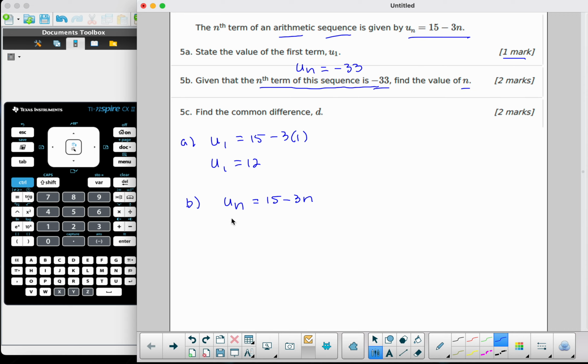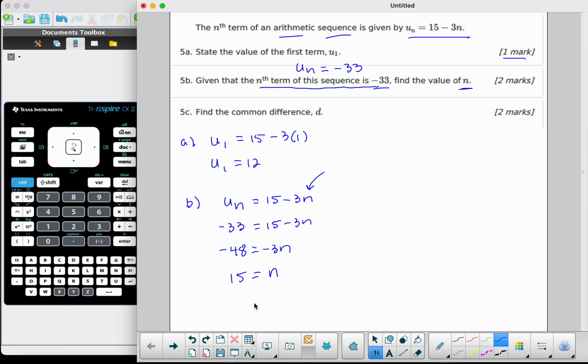So we replace u sub n with negative 33. They're finding the value of n, so we're solving for n, which tells us which term it is. Subtracting 15, we get negative 48 equals negative 3n. Divide by negative 3, and n is equal to positive 15.